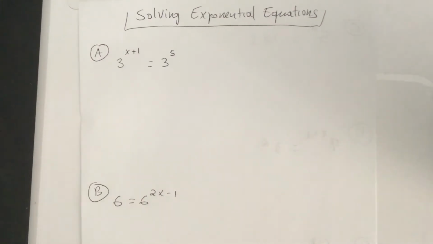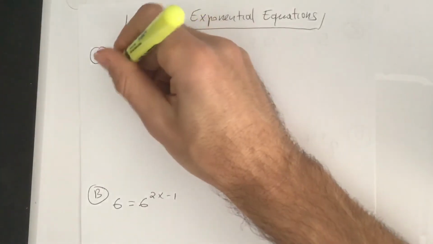All right, in this video we're going to be talking about solving exponential equations. Now, to solve exponential equations, basically you have to have the same base. You can only solve exponential equations if you have the same base here.